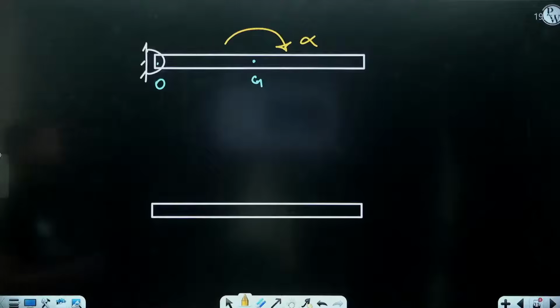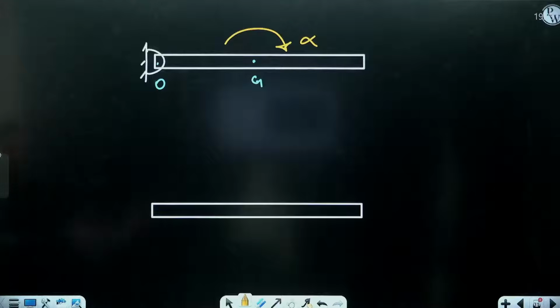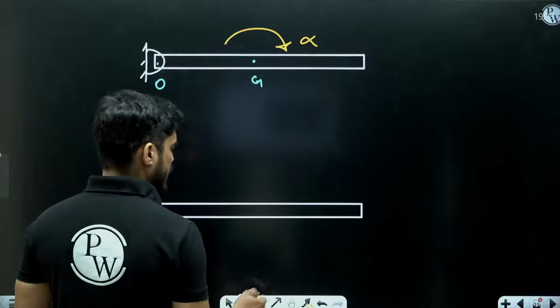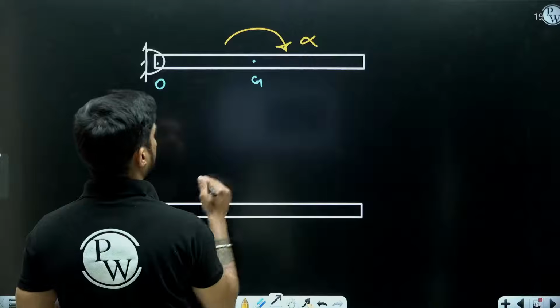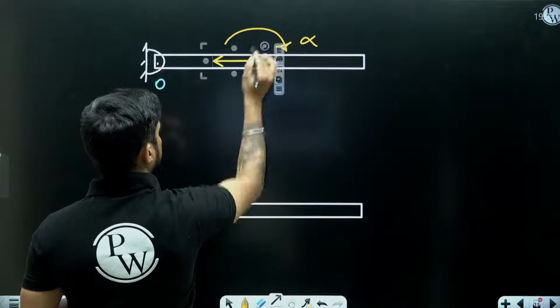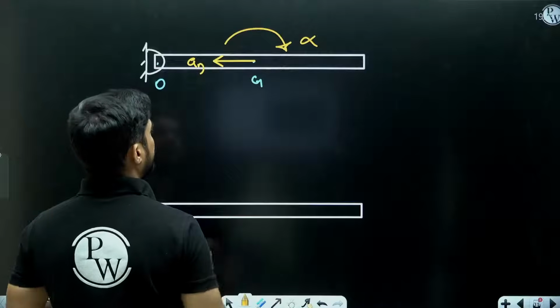What will be the direction of AN? Normal acceleration. If you remember, normal acceleration is always towards the center of rotation. So AN will be this. What will be the direction of AT?